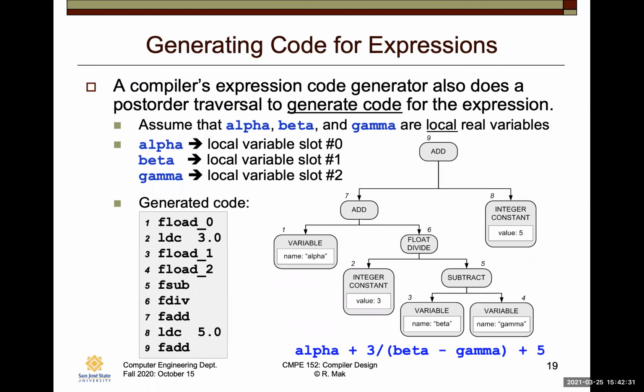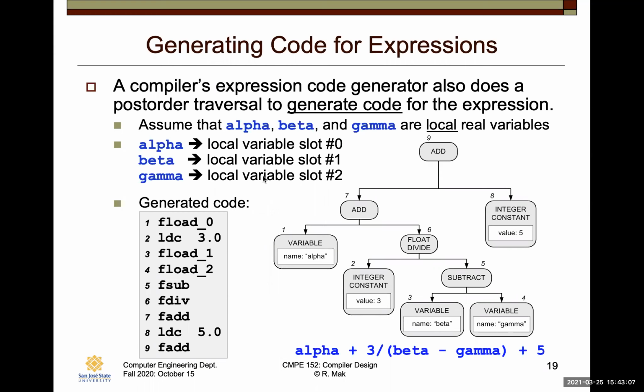Well, we are visiting this variable node, and remember each tree node will have a pointer to the symbol table entry of the variable. So when we look up alpha, well actually we don't have to do any lookups, we have a direct pointer to alpha's entry. We discovered that alpha is a float, it has a real value.